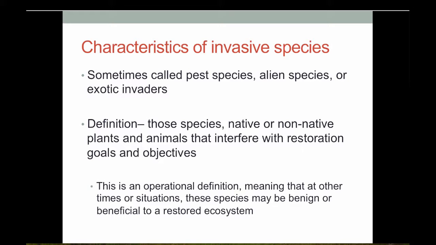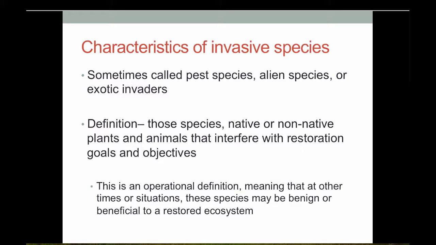It's important to understand that this is a situational or operational definition, in that a species that behaves as a pest may, under different circumstances and at different times, or in the same or different place, be a beneficial component of the ecosystem being restored.